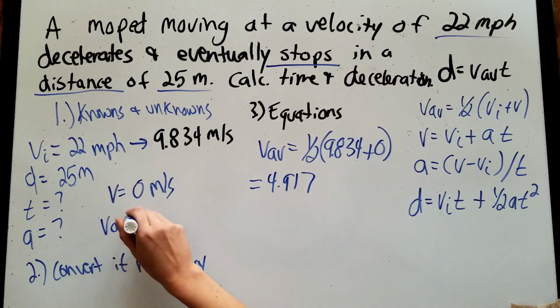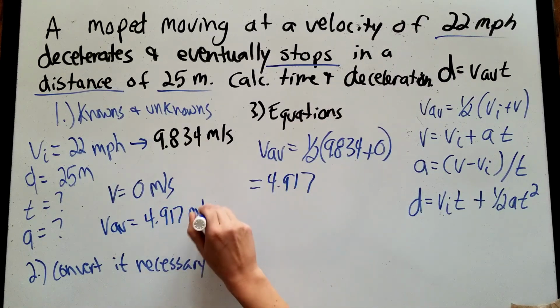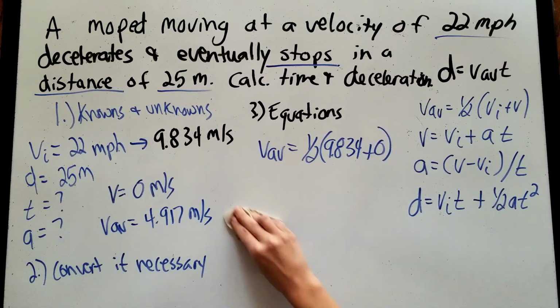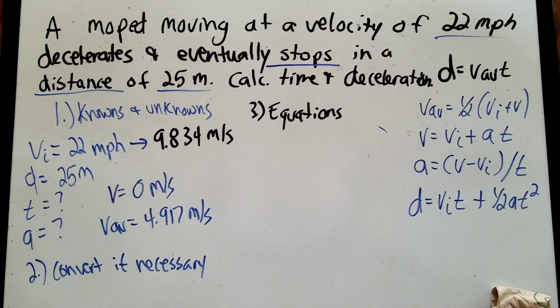So I'm going to add this to my list of knowns. 4.917. Units are meters per second because it's still a velocity. All right, so I've added another one.